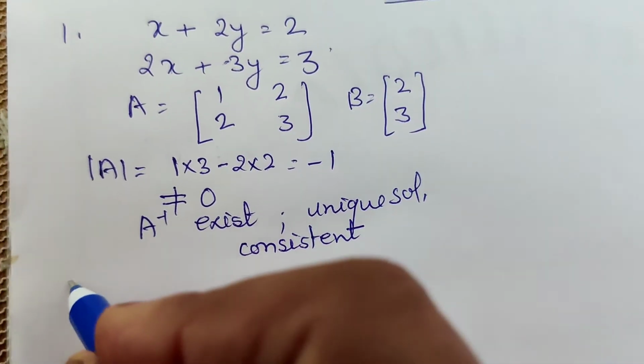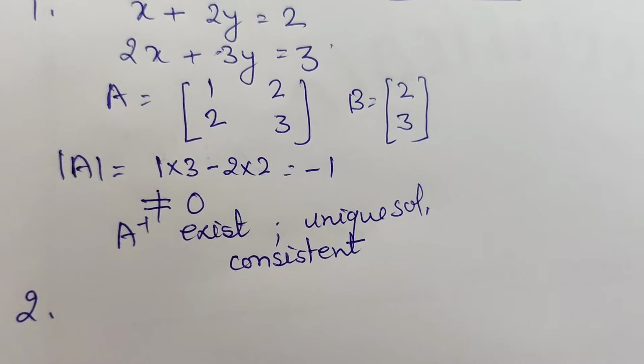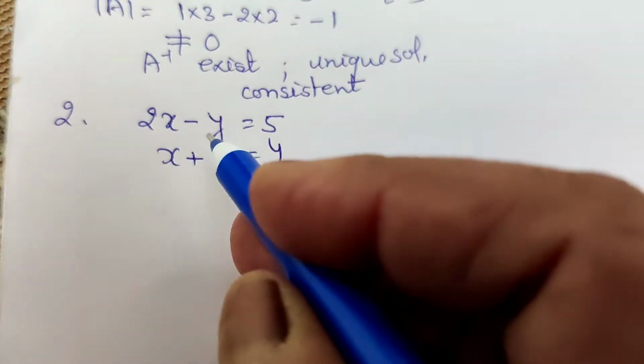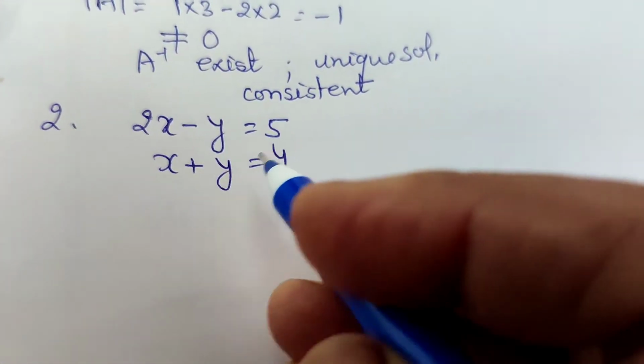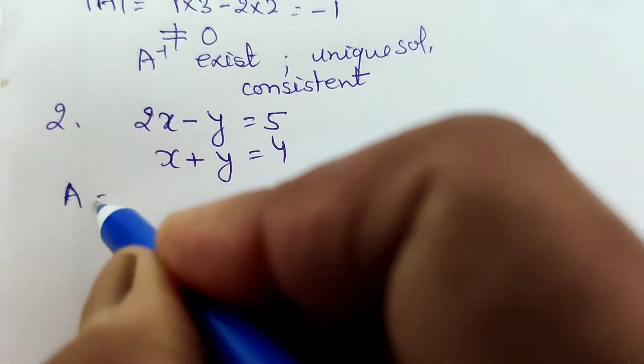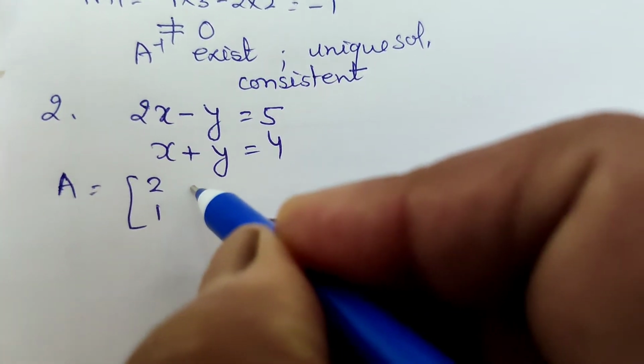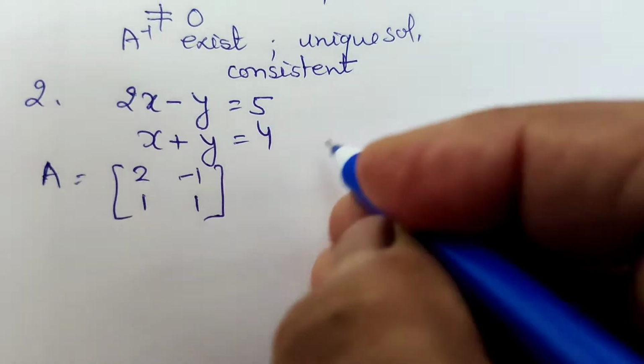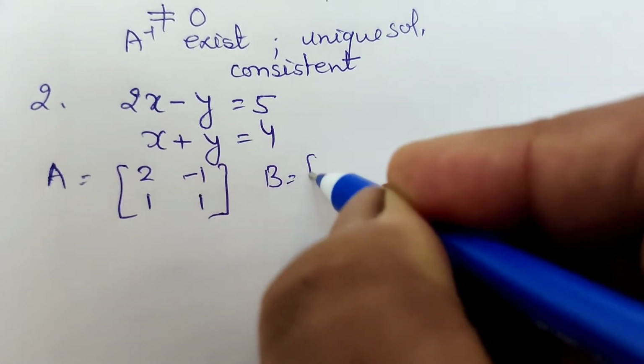Now question number 2. The second question is 2x minus y equals 5 and x plus y equals 4. Now A equals 2, minus 1, 1, 1 and B equals 5, 4.